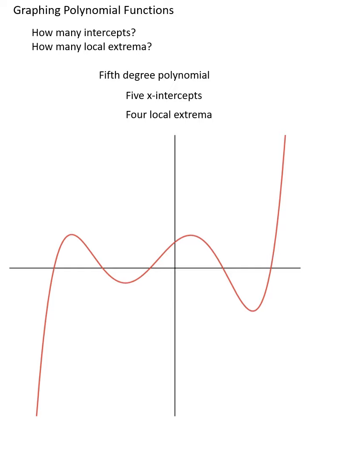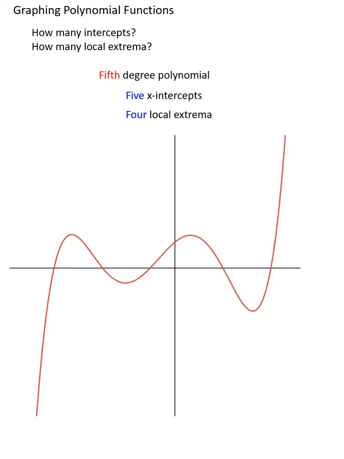And again, mathematicians are interested in relationships, such as, can I tell the number of intercepts or local extrema of a polynomial function when I know its degree? Well, it does appear again that we have a similar pattern. We have a 5th degree polynomial with 5 x-intercepts. So the number of x-intercepts here is the degree.